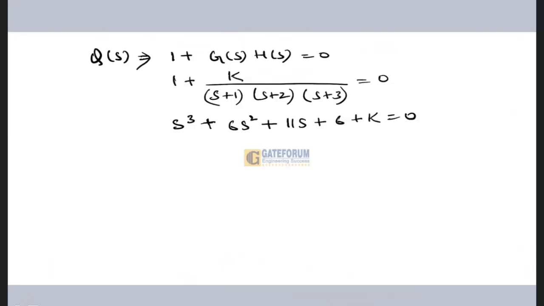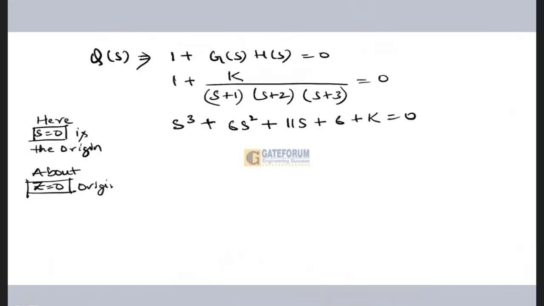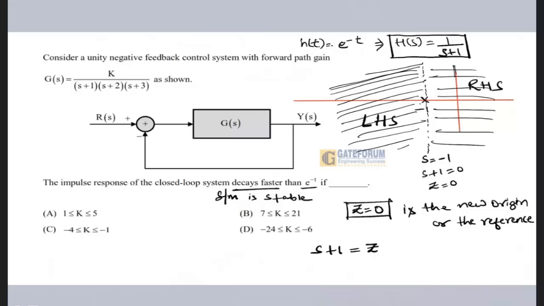Okay, but this is in terms of s, that is, here s equal to 0 is the origin. Okay, but I have to check with respect to what? With respect to z is equal to 0. So about z is equal to 0, origin, what should be your characteristic equation? Now here I know that s plus 1 I have considered as z, as you can see here, right?